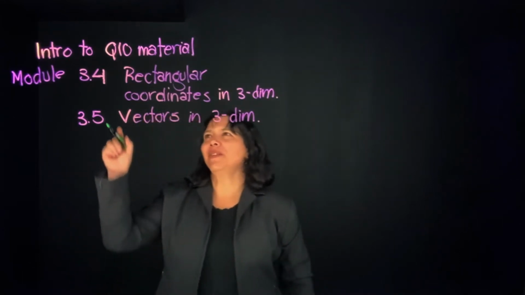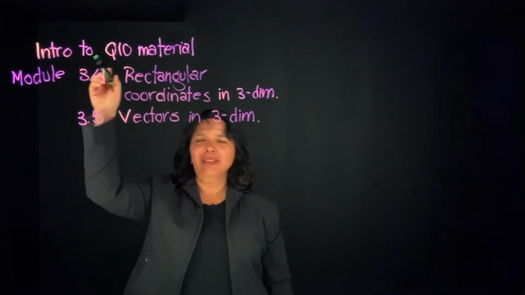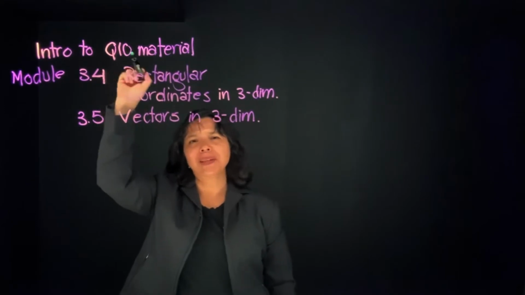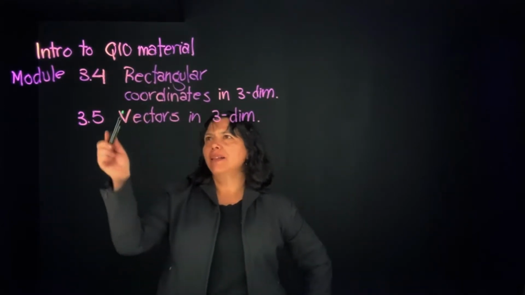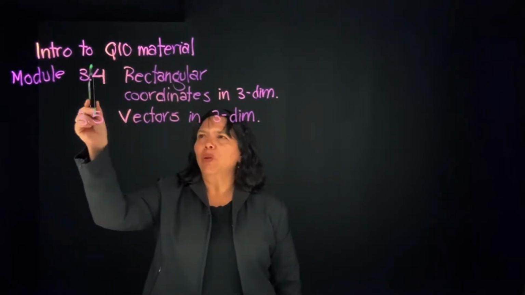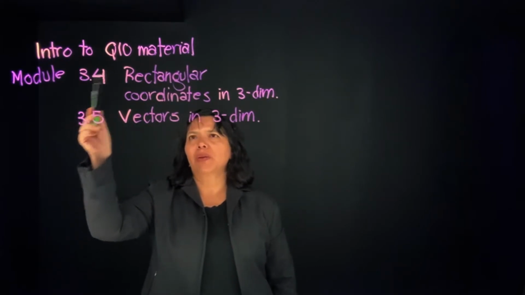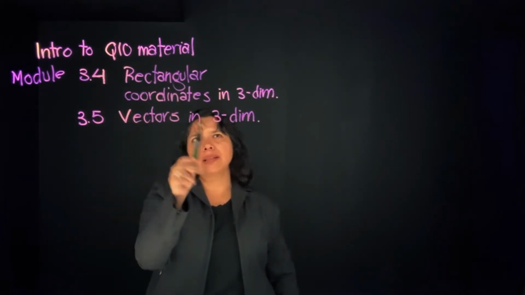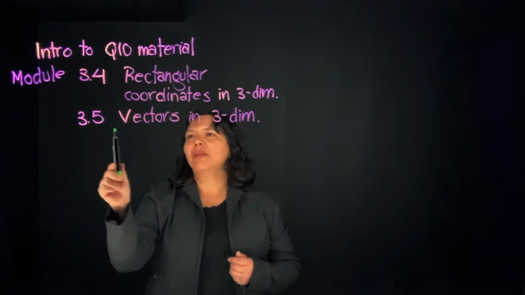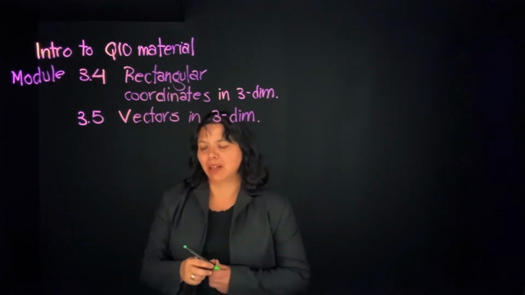Hello, in this video I'm going to give you a very brief introduction to your quiz 10 material. This material is two modules, module 3.4, which is rectangular coordinates in 3 dimensions, and 3.5, which is vectors in 3 dimensions.